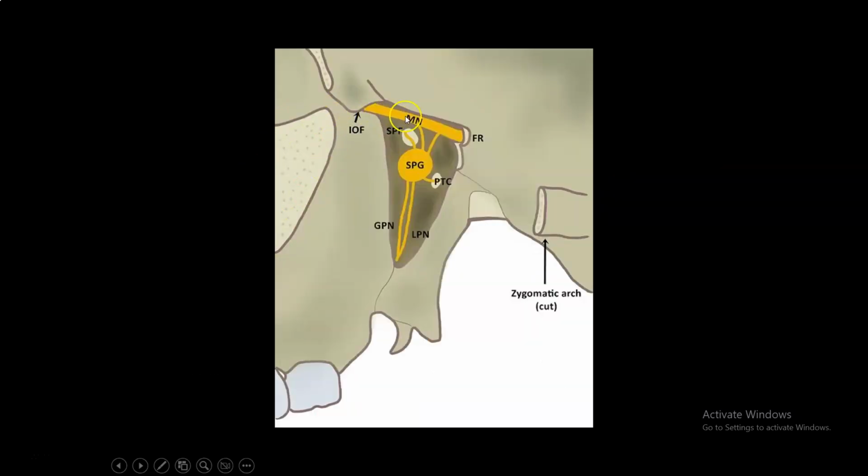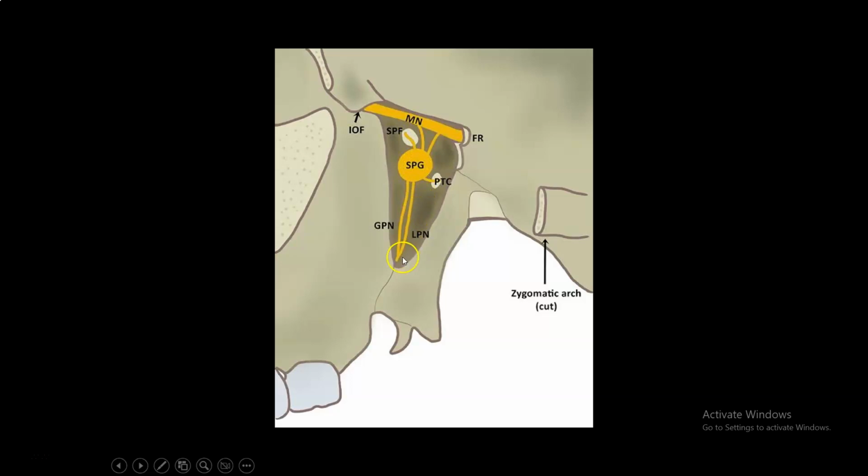Here the mandibular nerve inside the pterygopalatine fossa, an inverted pyramid, having the sphenopalatine ganglion or pterygopalatine ganglion. As you see here, the greater superficial petrosal nerve passes in the sphenopalatine ganglion, relaying in it, supplying parasympathetic to the lacrimal gland.